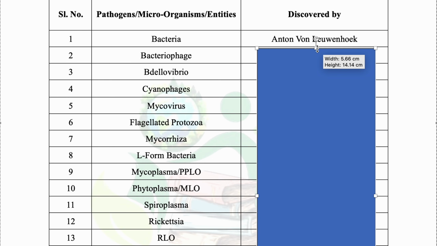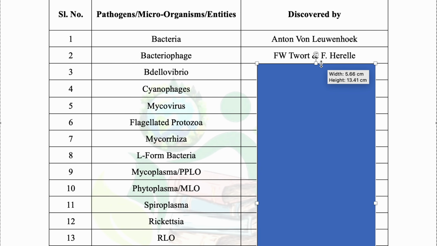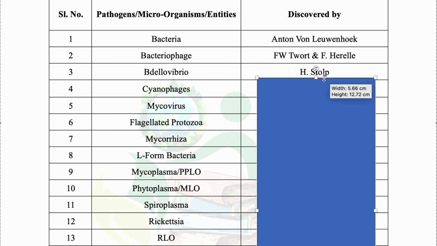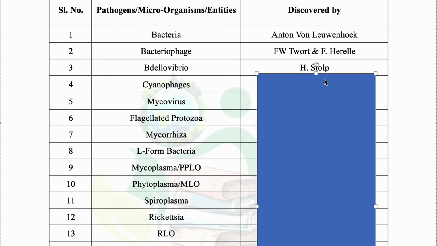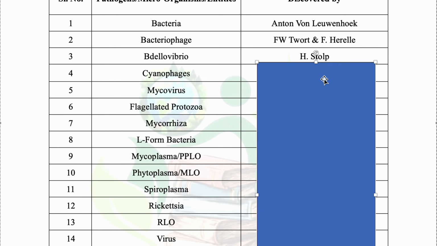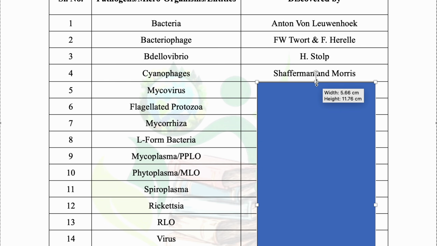Next, bacteriophage, discovered by Twort, right? Twort and Herelle. Okay. Next, Bdellovibrio, discovered by Stolp. Correct. Next, cyanophages, discovered by Safferman and Morris, right?